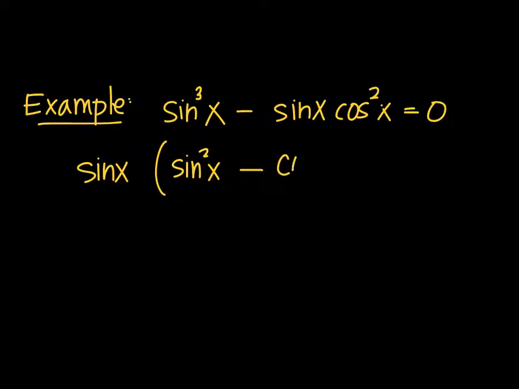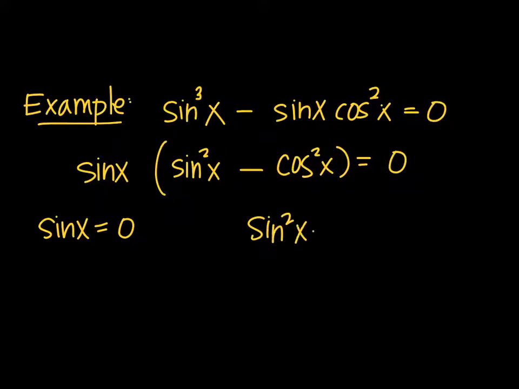Okay, I'm left with cosine squared x. All right, both of these are set equal to 0, so I'm going to solve them separately. So I'll take the outside sine x, which is my GCF, put it equal to 0, and then I'll take my sine squared minus cosine squared part, and that is going to be equal to 0.